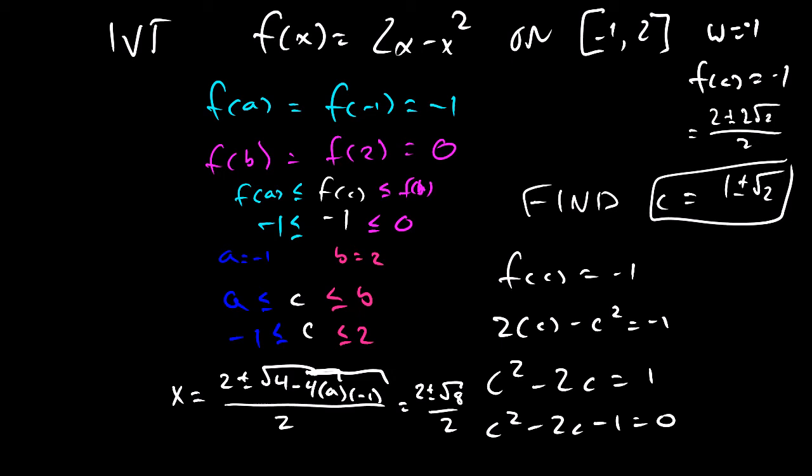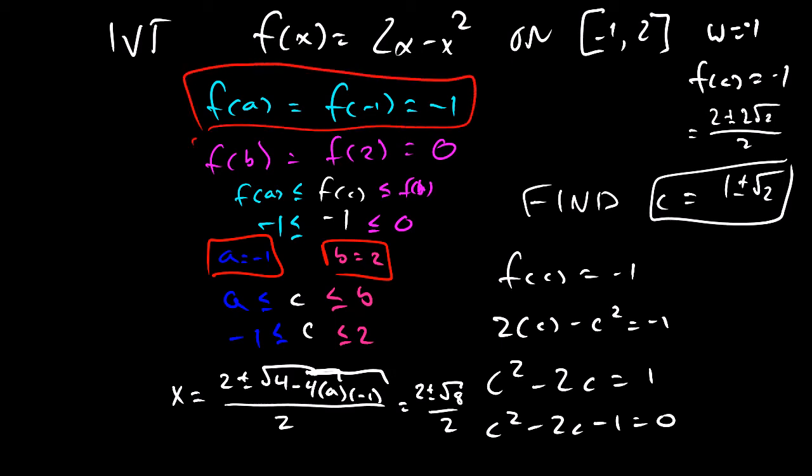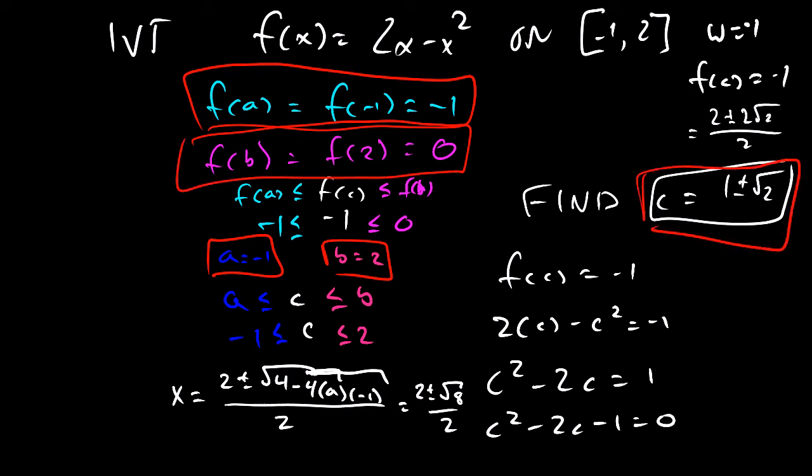So here we go. Now that we have all our values, the ones we have to make sure that we remember to keep track of is a is equal to -1, b is equal to 2, f of a is equal to -1, f of b is equal to 0, c is equal to this, f of c is equal to -1. These are all the ones that they want us to graph.